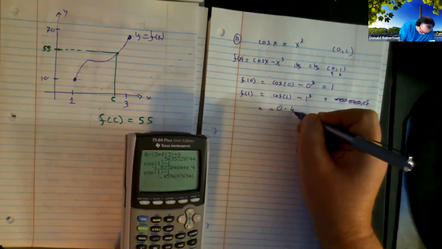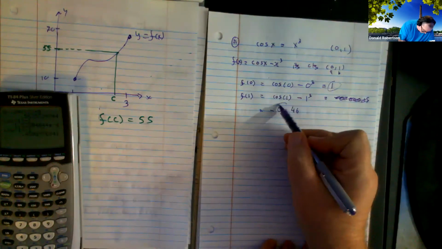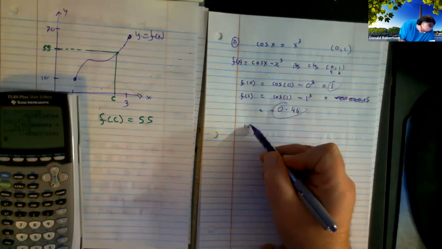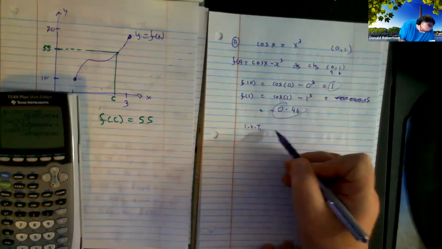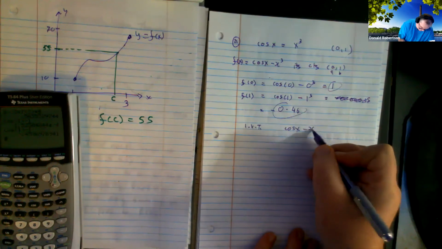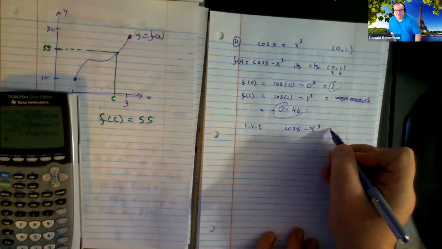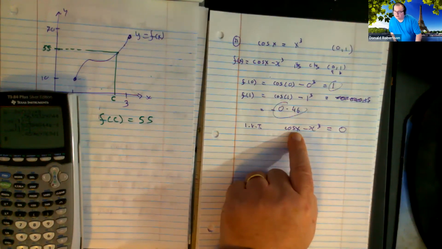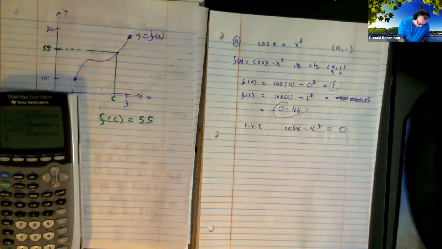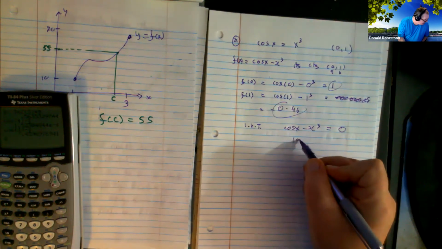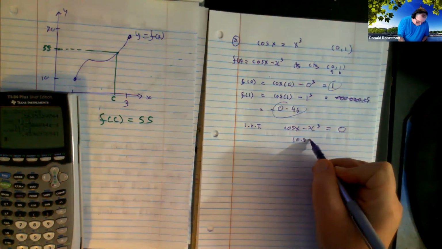So positive, negative, by the intermediate value theorem, there has to be a place where this guy is equal to 0. And then couldn't you go over to Desmos and find out what that guy is? And I believe it ends up being 0.86. 0.87. Okay, so it's somewhere in that range, which is fine.